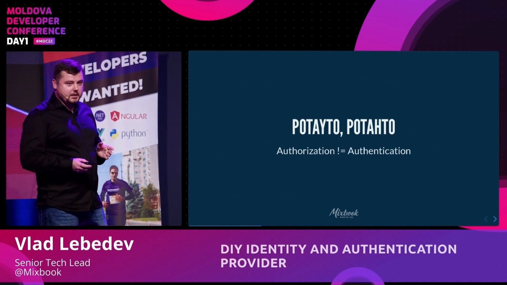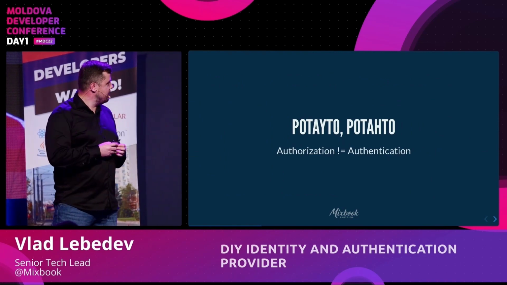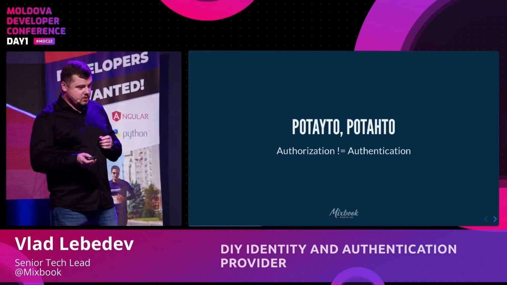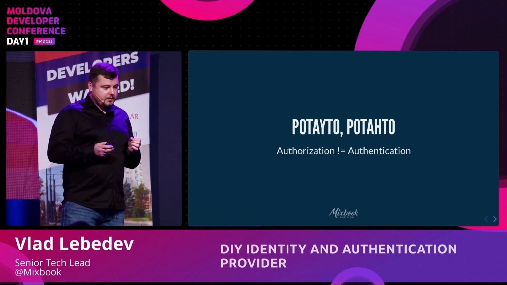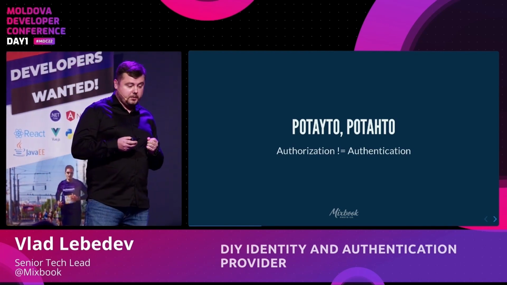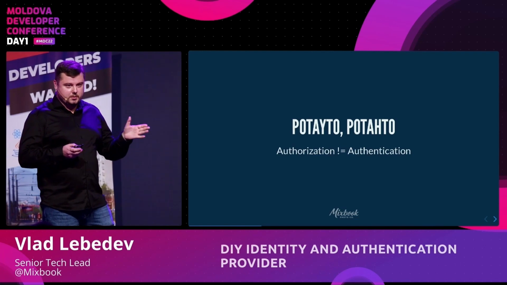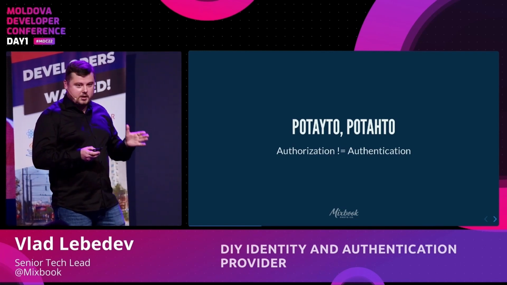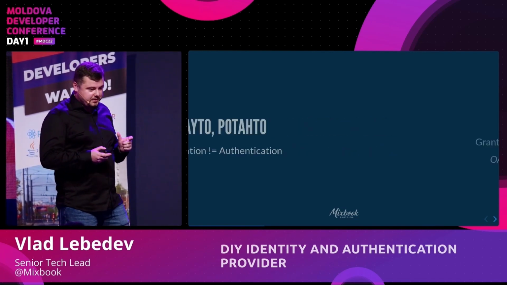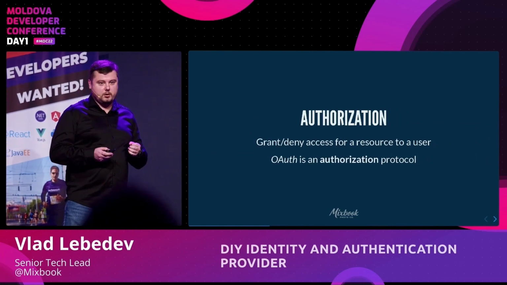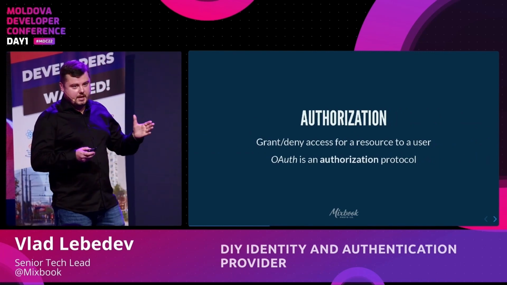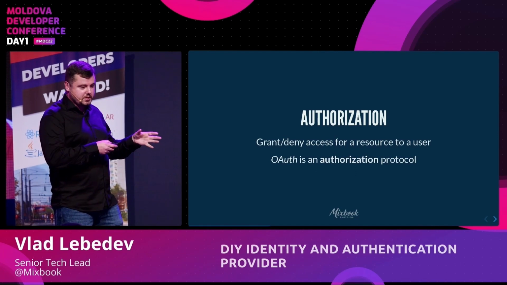Now, next thing is let's set some things straight. I often hear that people confuse these two terms, authorization and authentication, and they are not the same. They have the same prefix, but they aren't the same. Authorization is about granting or denying access. It's about access policy for a resource.